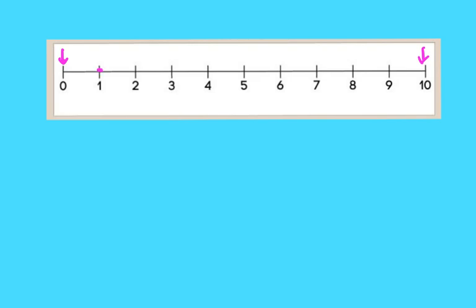So for 1, it would take 1 hop to get to 0, but it would take 9 hops to get all the way over to 10. So 1 is much closer to 0, so it would round to 0. The same for 2, the same for 3, and the same for 4.